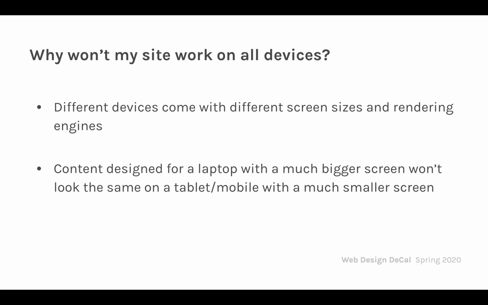Again, to reiterate, different devices come with different screen sizes and rendering engines. By rendering engine, we mean what's also known as a browser engine. That's basically a core software component of every major web browser, like Google Chrome or Safari or Firefox.